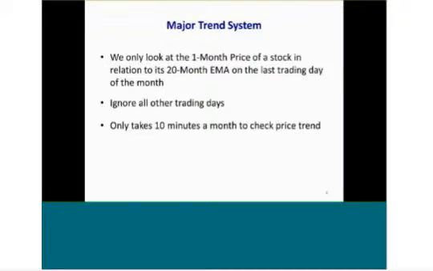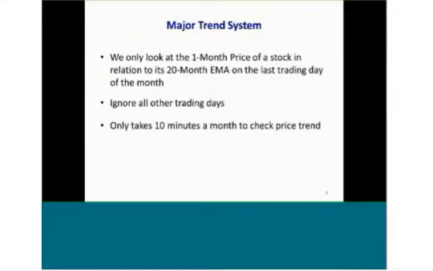Now when we're looking at the major trend system, we only look at the last trading day of the month. So if the last trading day of the month is March 31st, then we only look at the price on that day. And we compare that price on that day to the 20-month EMA.